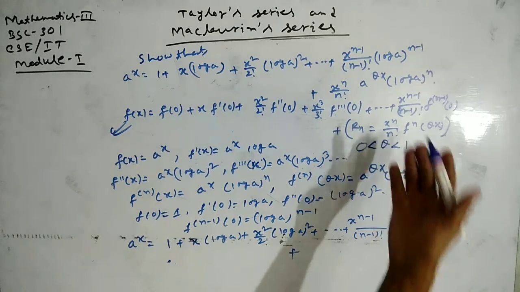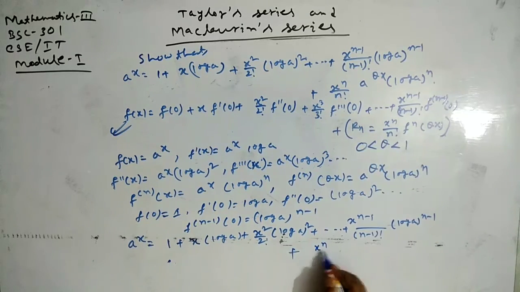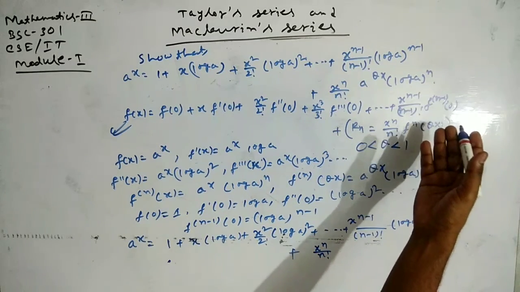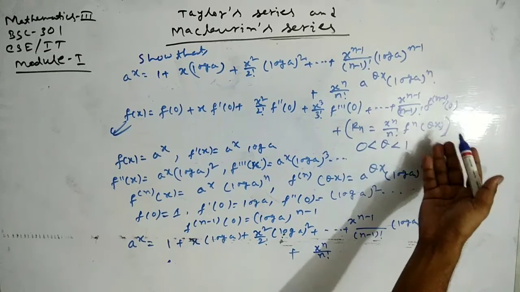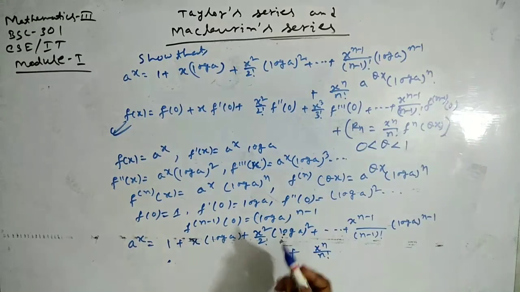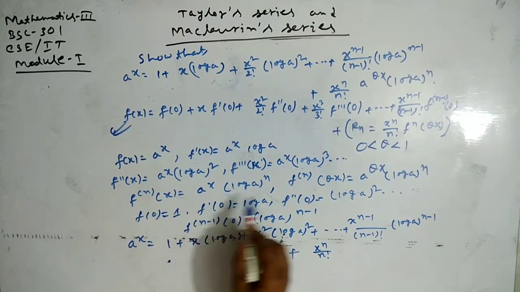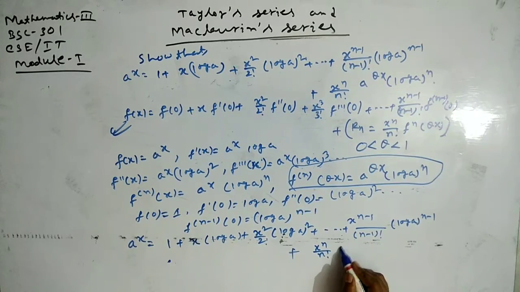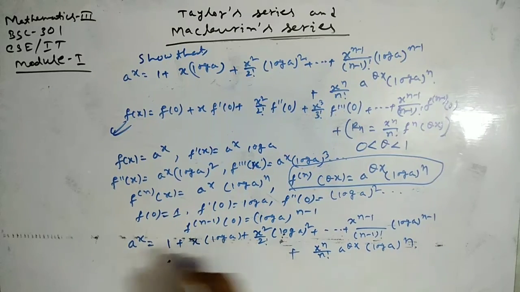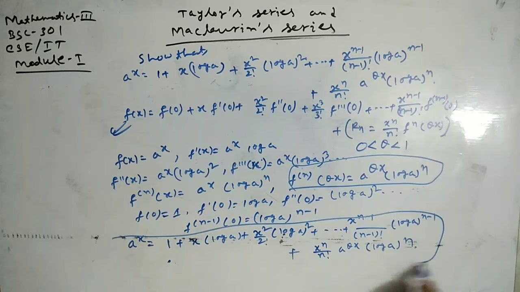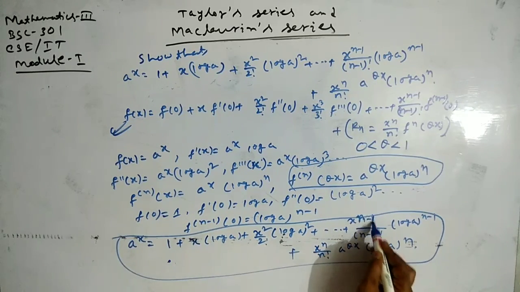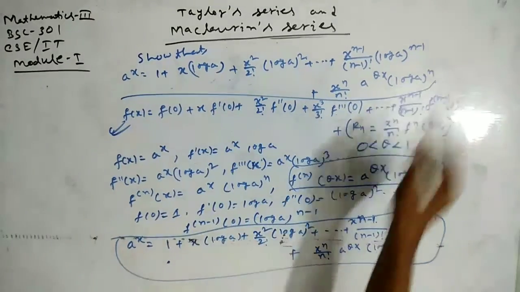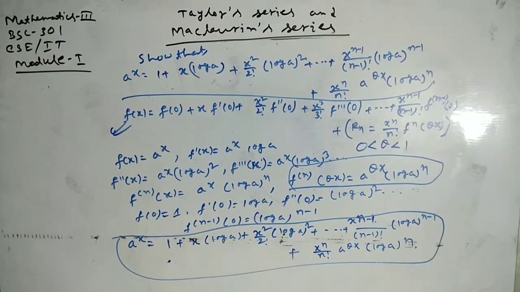So the remainder term is x to the power n by n factorial, f^n(theta x), which we have found out is a to the power theta x log a whole to the power n. Now see that the required result we have to prove has come. Okay, so hence the proof.